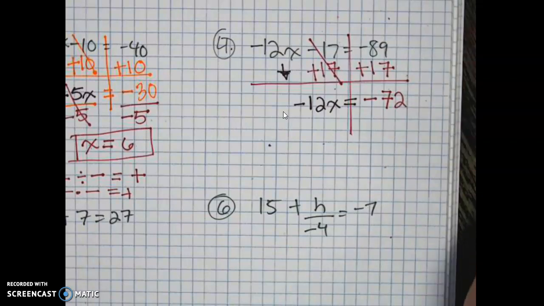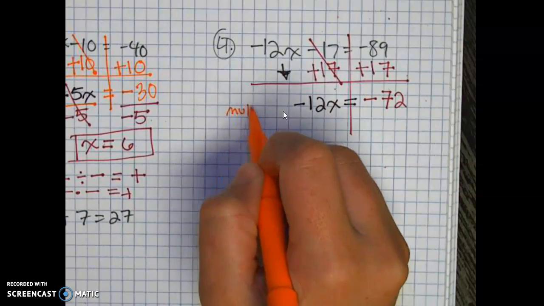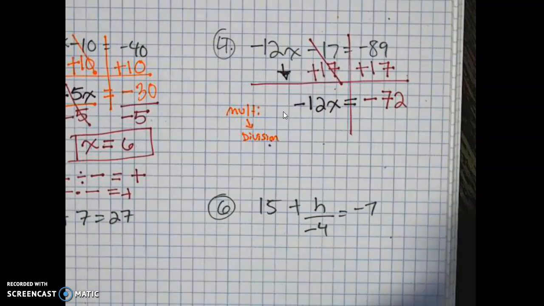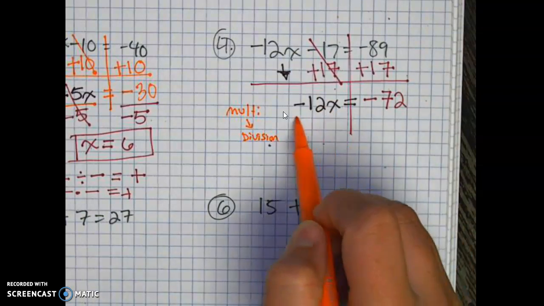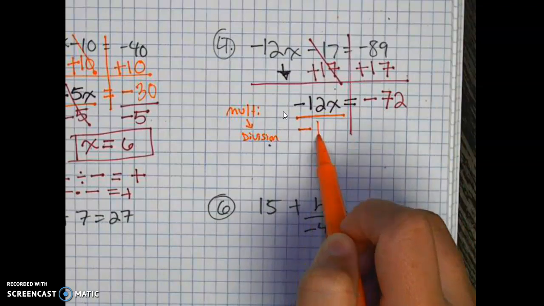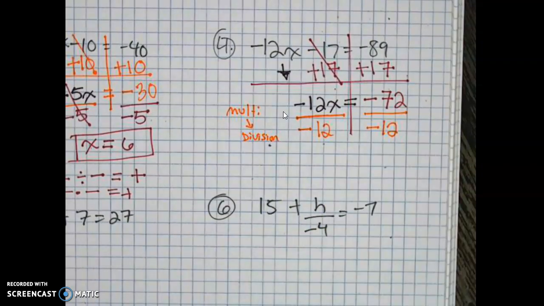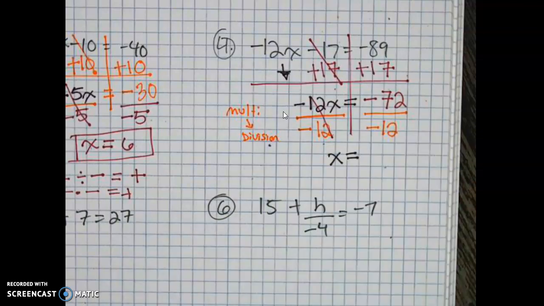So the final step, since this is, again, multiplication, the opposite is division. So I need to divide whatever is attached to my x. So I need to divide both sides by negative 12. These are going to cancel. I'm left with just 1x, or x.